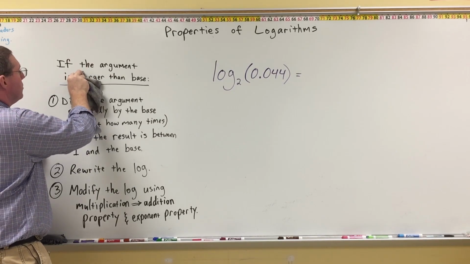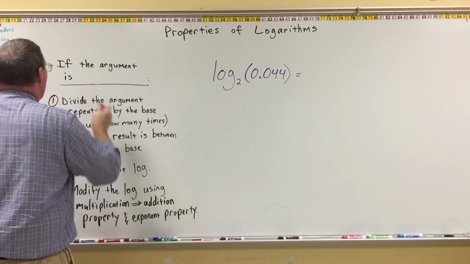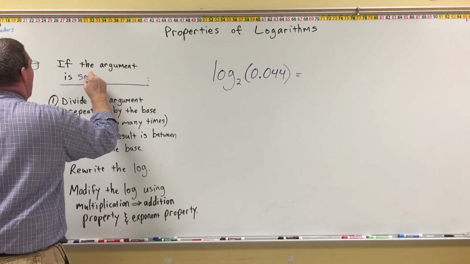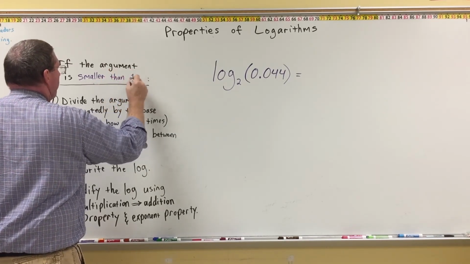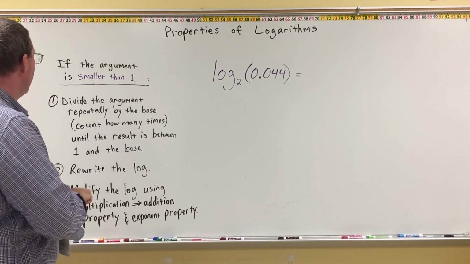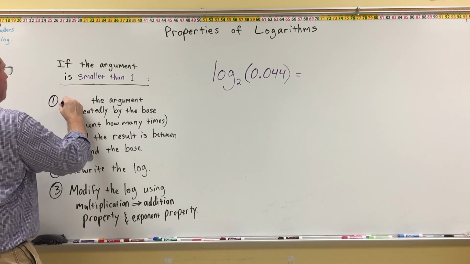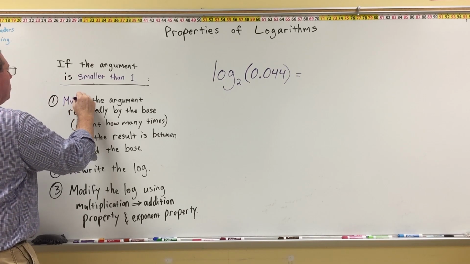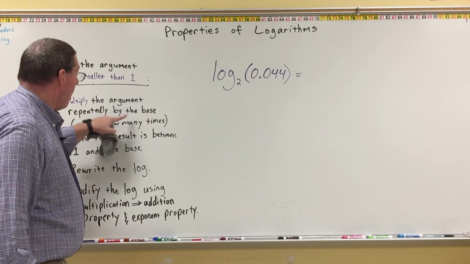If the argument is smaller than 1, okay? Then here's what we're going to do. Now we're going to do the opposite. We're going to multiply the argument repeatedly by the base.